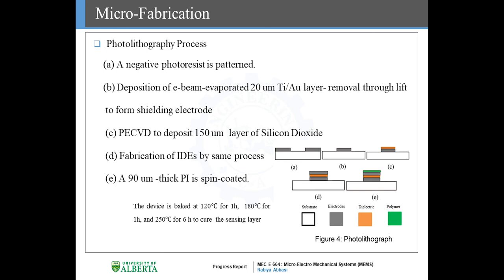After that, you deposit a layer of silicon dioxide using PECVD, and then you fabricate your IDEs. The polyimide is then spin coated. The device is then baked for several hours in order to cure the sensing layers.